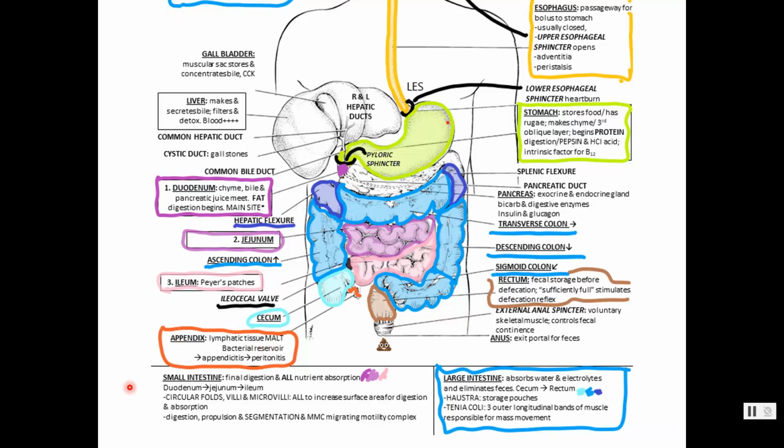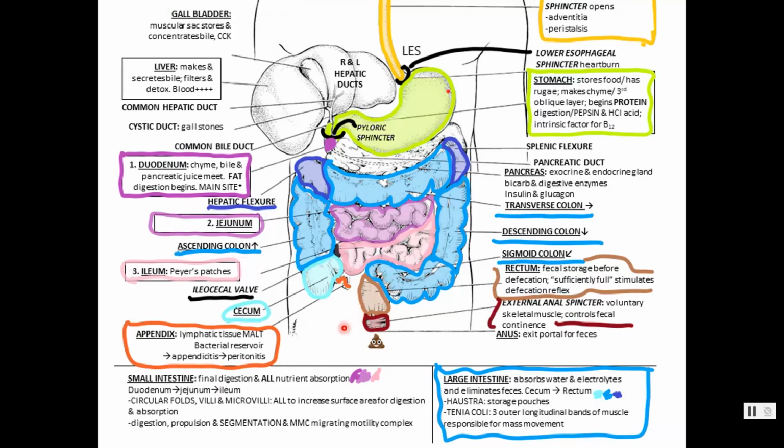And you know you can just clench and go, oh, not right now. And then that urge will pass. So there you go, the external anal sphincters. Those are the sphincters that control fecal continence. And then the exit portal is the anus.